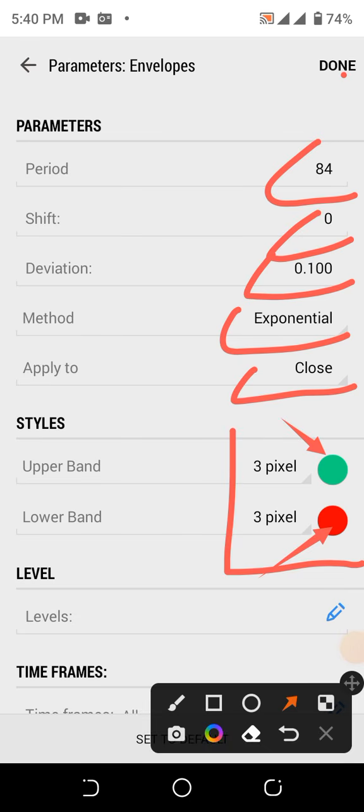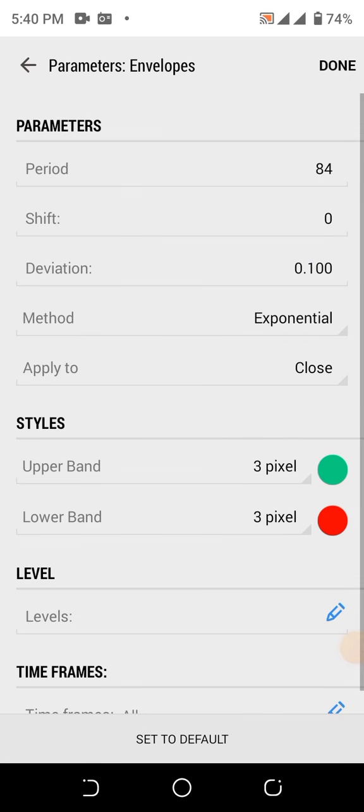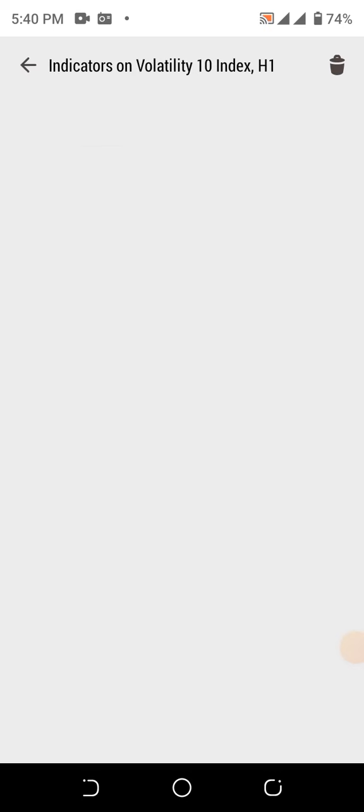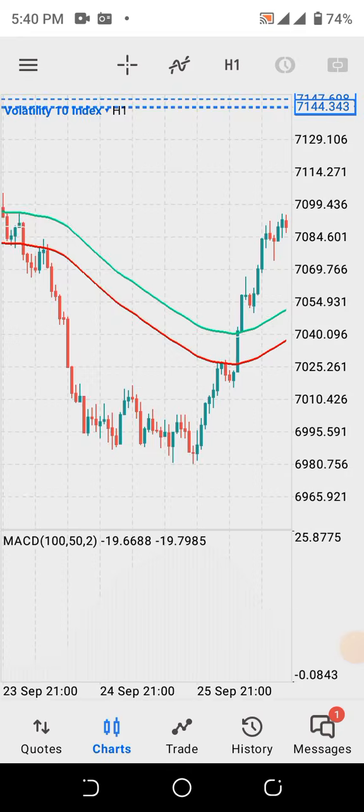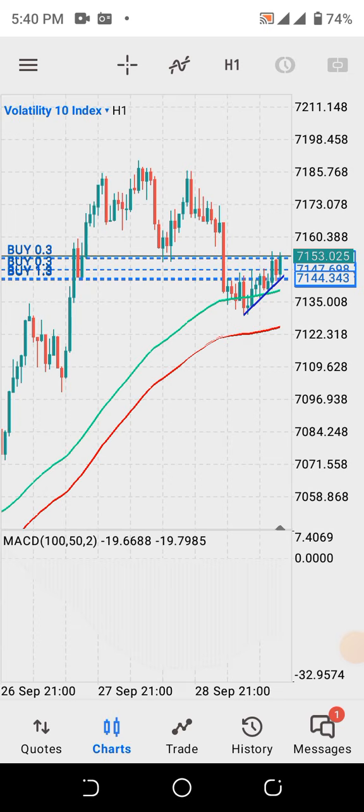Once you are done setting up the indicators, you click done. That is all you need to do to record massive profit trading volatility 10 index on 1 hour time frame.